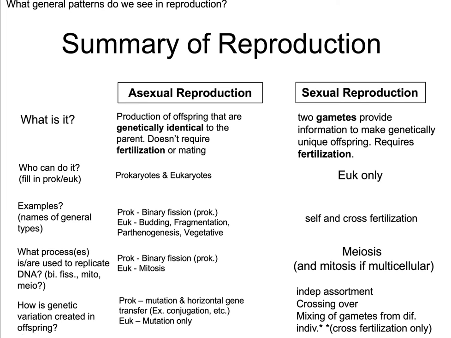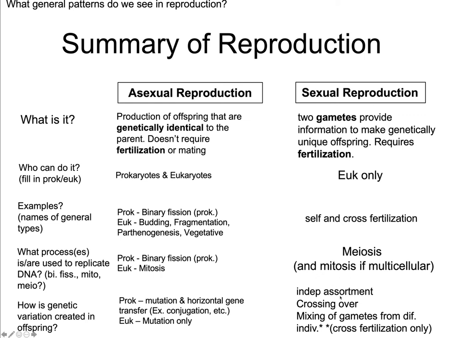If it's a unicellular eukaryotic organism that's reproducing sexually, it can get away with just meiosis. However, if that organism that's sexually reproducing is multicellular, when you've got that zygote that's formed, that's one cell, that zygote has to make a bunch of copies of itself to make that multicellular organism in that multicellular life stage. And to do that, mitosis is required.